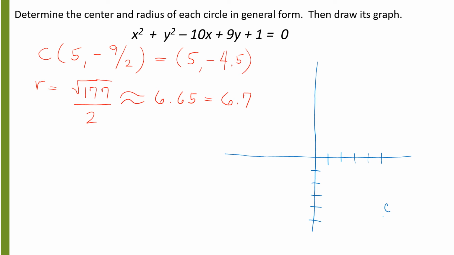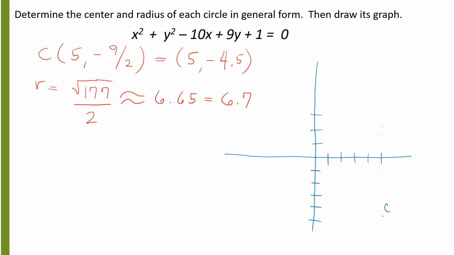Kung dito tayo magbibilang, since nasa kalahati, ay di 1, 2, 3, 4, 5. Okay? So, halimbawa 5, and then 6, then 7. So, for example, bilang kayo ng 1, 2, 3, 4, 5, 6, approximately 6.7. So, this is 6.5, 6.7.